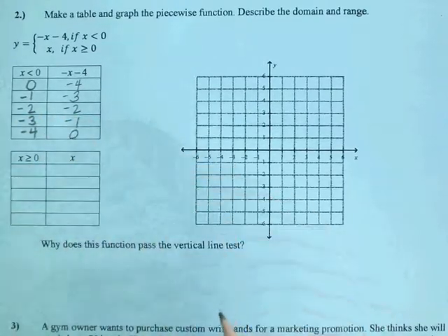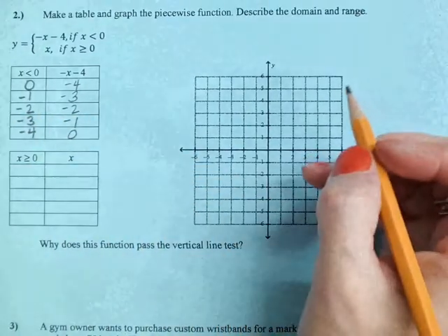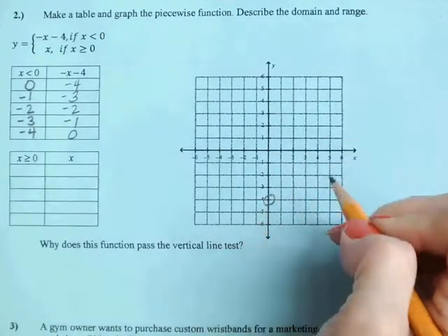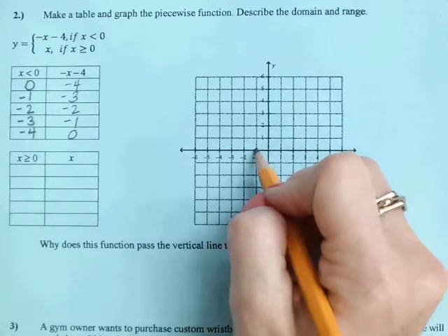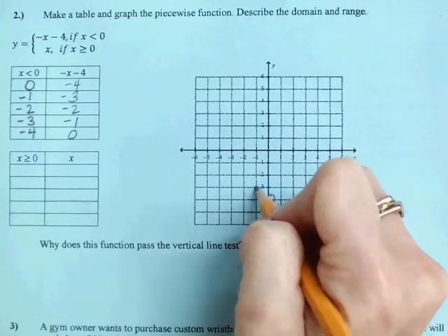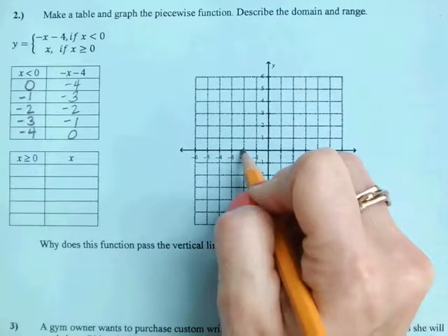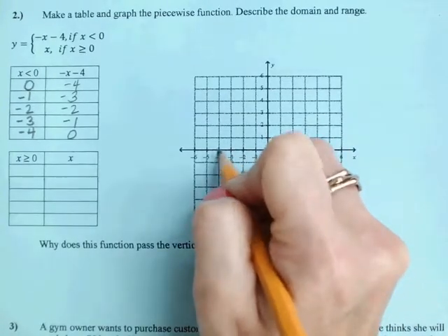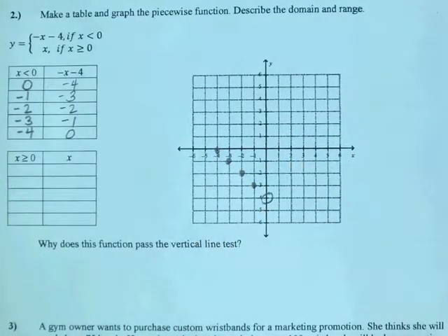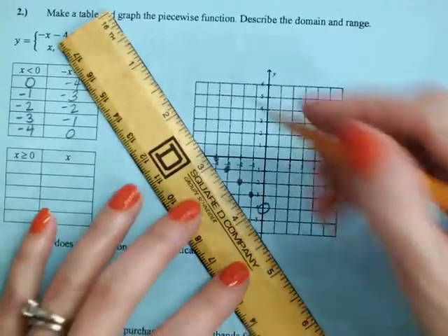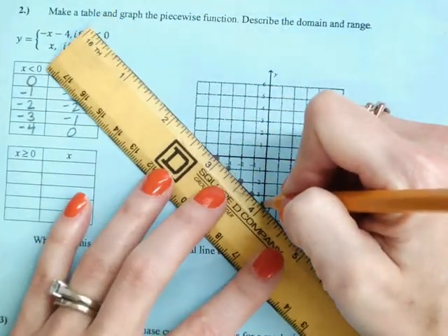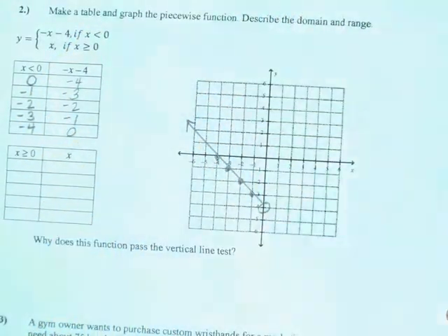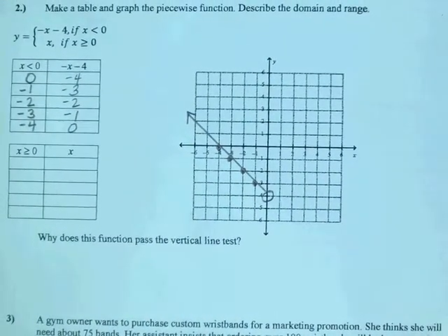So let's go ahead and plot this. We're going to start at 0, -4 with an open circle. Then we'll go -1, -3, -2, -2, -3, -1, and -4, 0. And then go ahead and graph this line. And then we'll do the same thing for the other one.